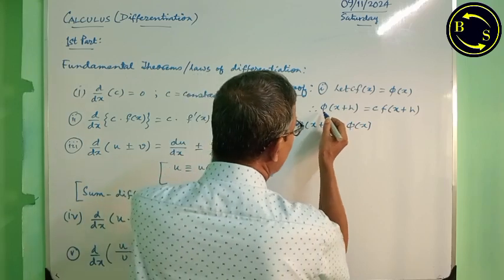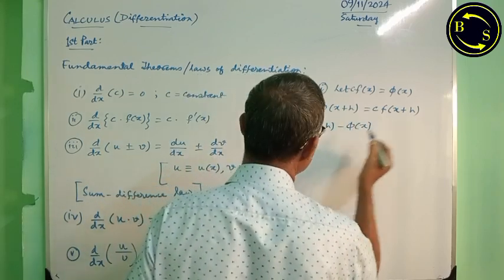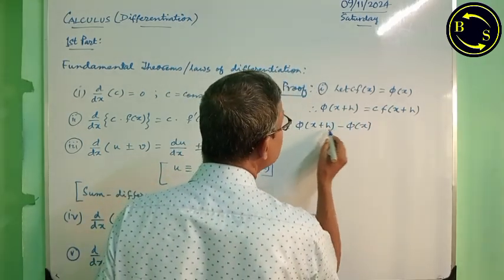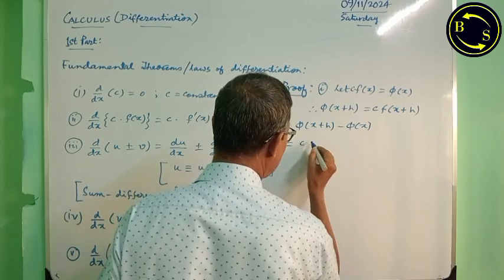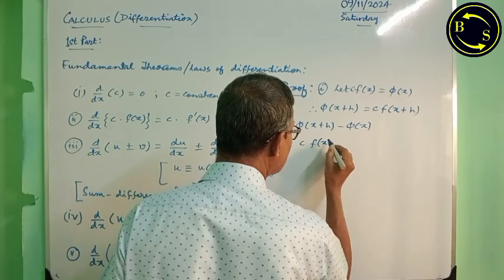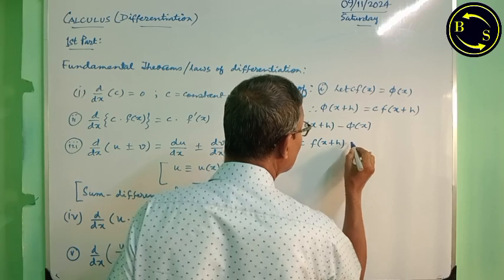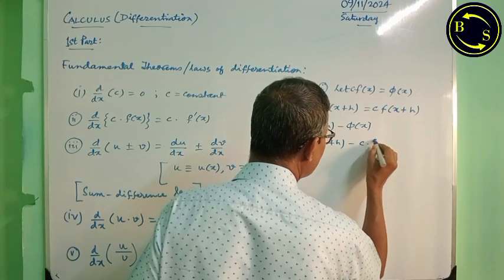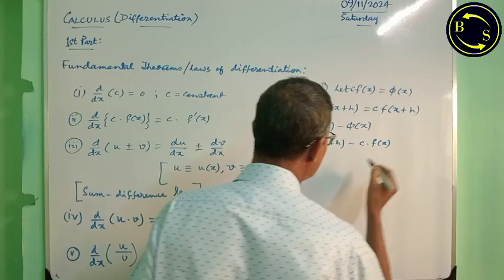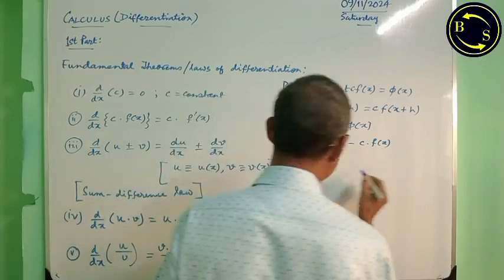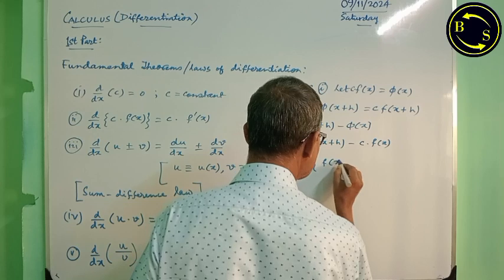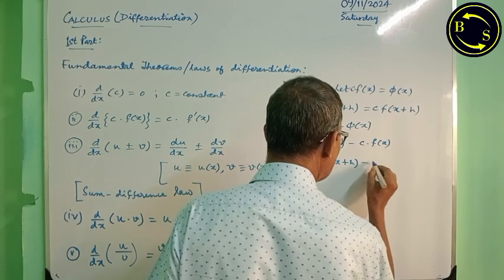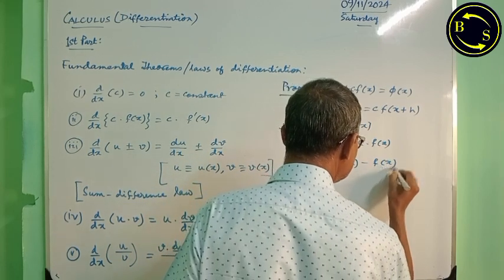Therefore we have to calculate phi(x plus h), that will be this. Therefore phi(x plus h) minus phi(x) will be equal to c f(x plus h) minus c into f(x). c is the common factor, therefore c within bracket f(x plus h) minus f(x).